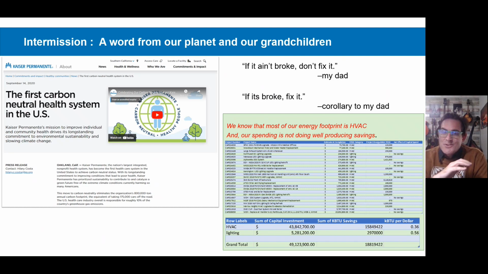And to me, that's just wrong. It's sad. Because lighting energy is only 12% of our energy signature. HVAC energy is 75% of our energy signature. And we're doing 8 times as much investment in HVAC systems. And we're really just not getting energy savings out of those HVAC systems projects. So it is really, really just disappointing and something that we need to turn around.